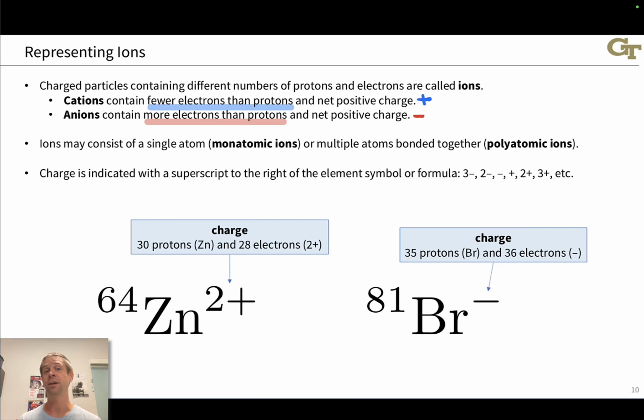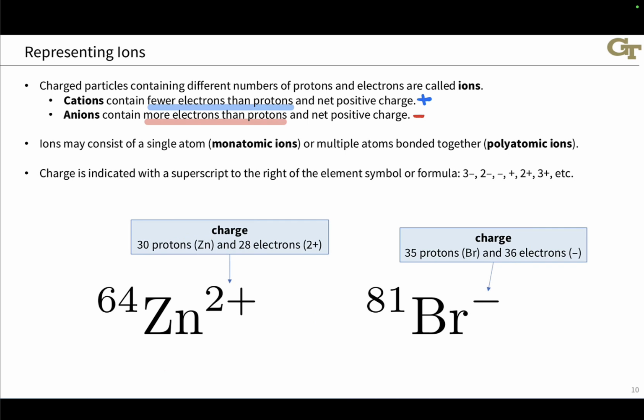And ions can actually consist of multiple atoms. Here we're going to focus on the so-called monatomic ions, which contain only one atom in the ion. But multiple atoms can be bonded together and still have a net charge, and these are known as polyatomic ions.